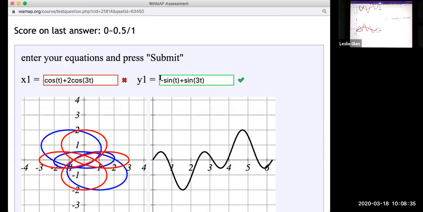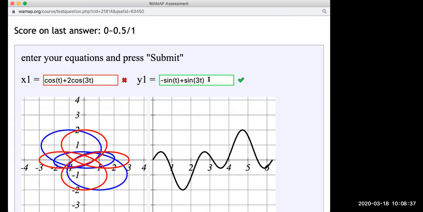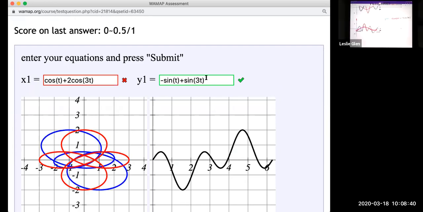Is that the one you meant, Mike? Right. Oh, I did not expect that, but look what's happened. I'm back to having symmetry, but I have what WAMAP thinks is the right answer. Now that doesn't mean I have to stick with that answer, but it does mean that I did have a sine here before, so maybe I want to reconsider my X graph.